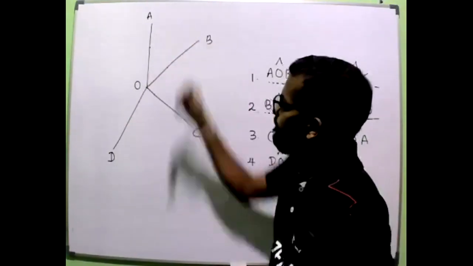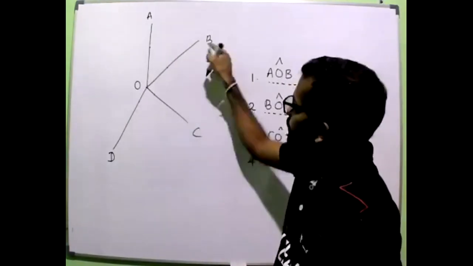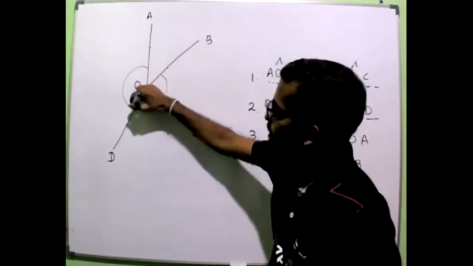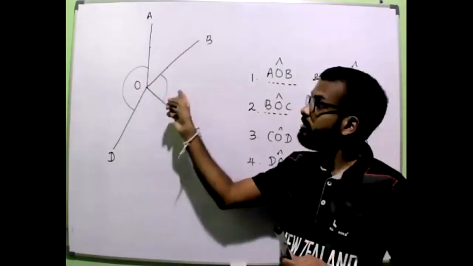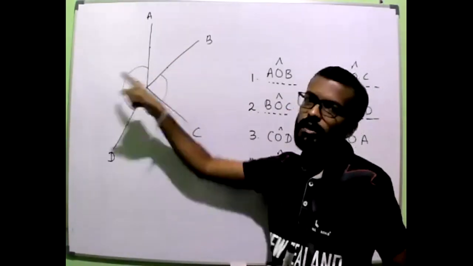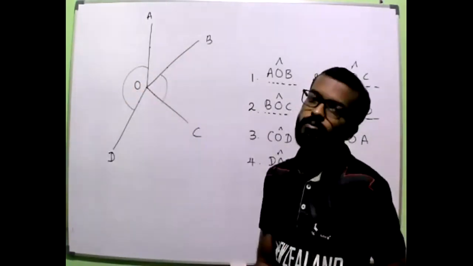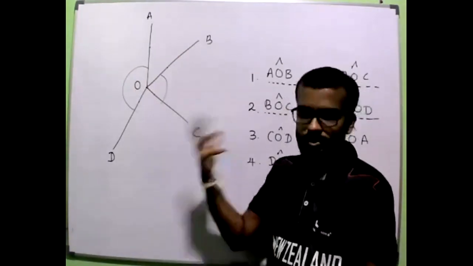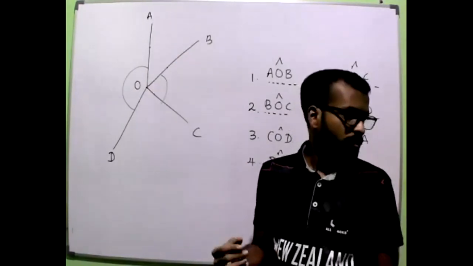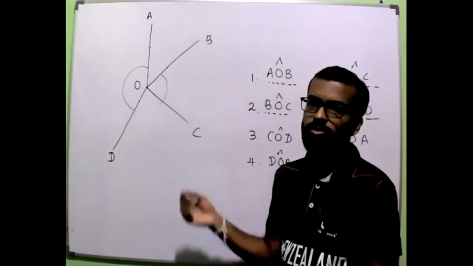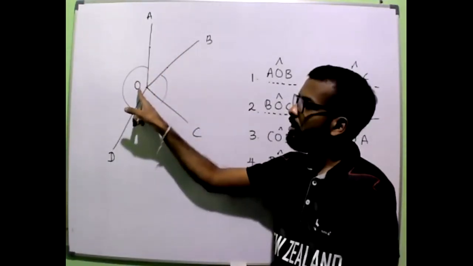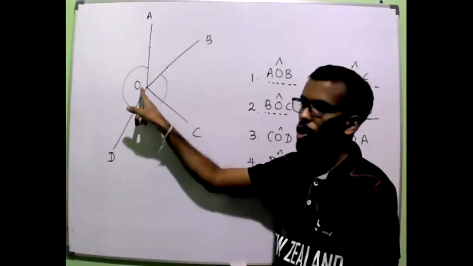And BOC angle and AOD angle, are they adjacent angles? These 2 angles are adjacent angles or not? Same scenario. Previously we said we have a common vertex.